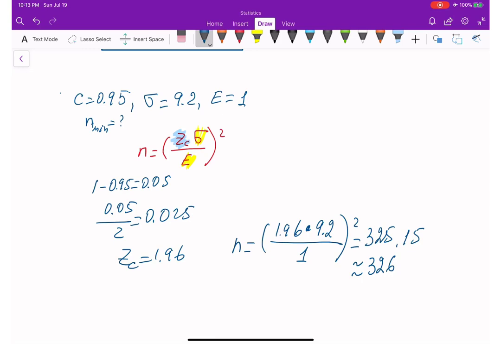That would be horror. So we always round to one number higher, 326, and that is the minimum sample size. Otherwise, algebraically, you would round to 325.